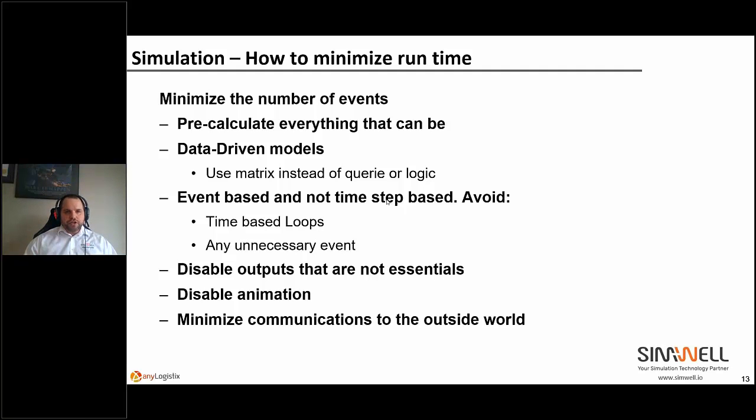That's very fast and very effective, much more effective than having a query, for instance, or a loop searching for something in a data table, or even logic like if, then, else. Those are much more expensive in terms of simulation runtime and computing power than picking a specific value in a matrix. So whenever you can, build your data as a matrix.